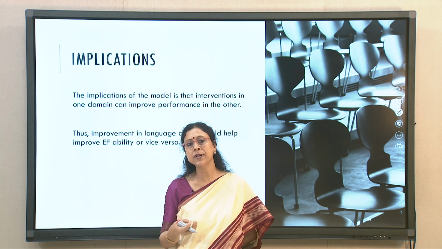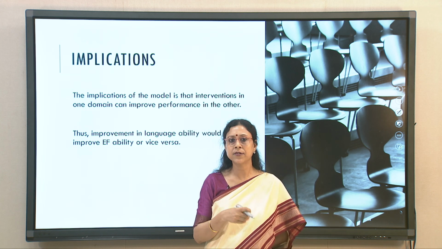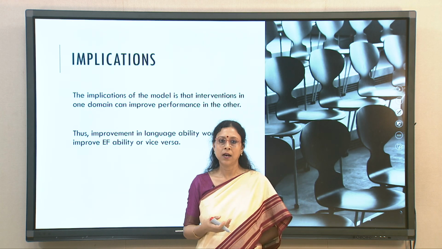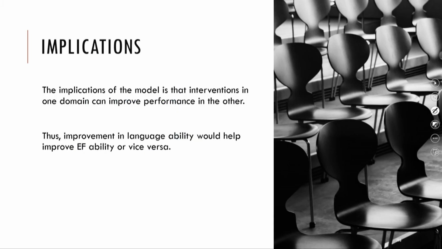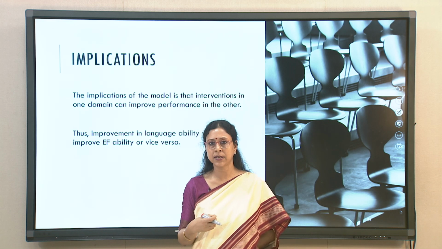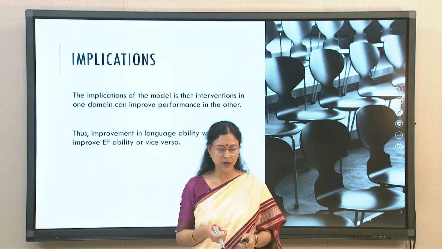As a result, if you target one component, then as a cascading effect it will improve performance in the other domains as well. This is also called the spillover effect. Thus, improvement in language ability would help improve EF ability or vice versa. If you target executive function related capacity, it will help with language capacity, or the other way around. That is what the model predicts.